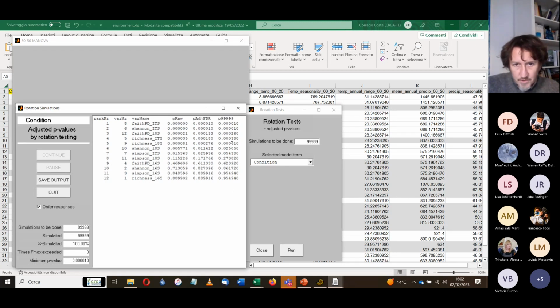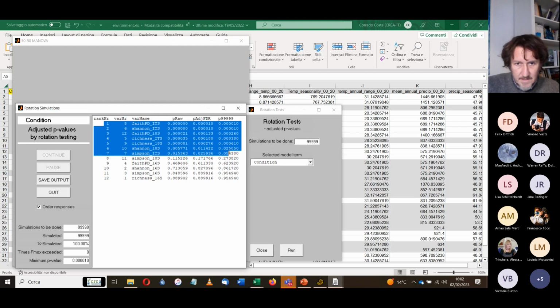Here we have more than two. The first five are highly significant, but also Shannon 18S is significant. But the most important are Faith PD ITS and Shannon ITS. Maybe the same, I can't remember, but it's maybe the same as the other analysis.